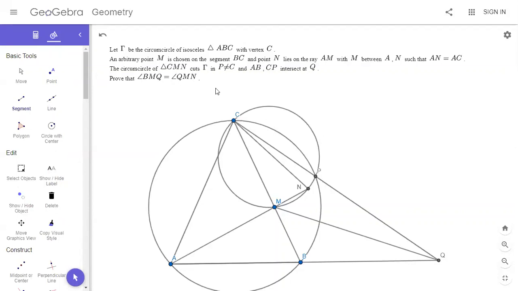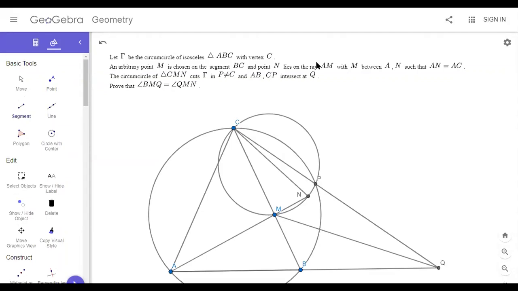Someone wrote something in the chat. You have an idea for this, all right? So ACQ is our initial triangle. Hold on just a sec.